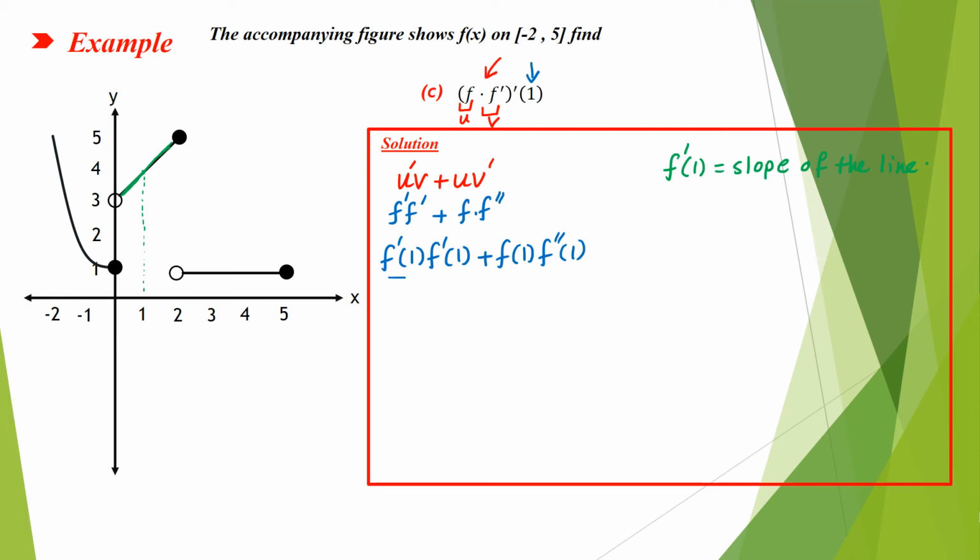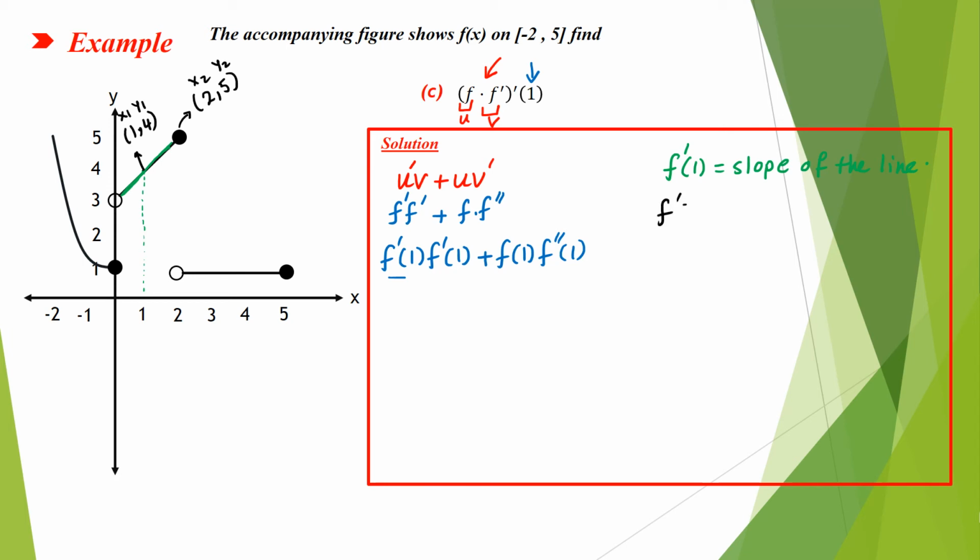Let's say this is the first point, which is (1, 4), and let's take another point, which is (2, 5). So this is x1, this is y1, this is x2, and this is y2.